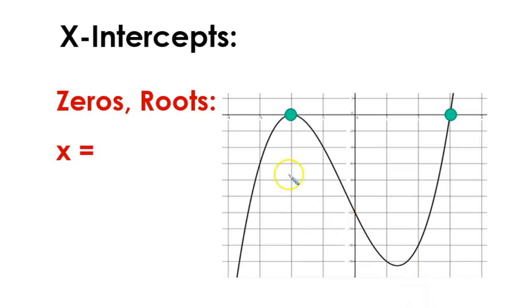Let's look at another example. Here we have x-intercepts. Now, I want you to pay attention to this. Do you see this bounce here? This bounce indicates what we call a double root. And what a double root means is that algebraically, if we were to solve this problem, a double zero, a double root, it would be a solution 2 times.